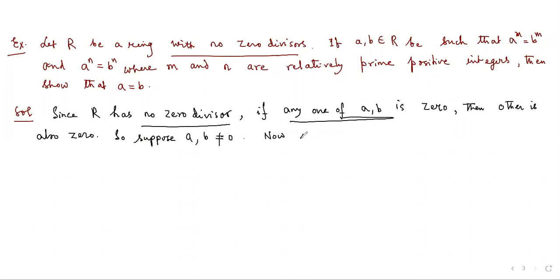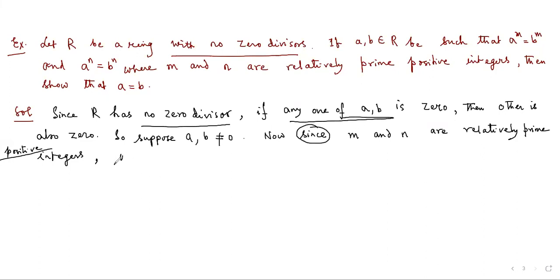Okay. Now since m and n are relatively prime positive integers, there are integers x and y such that mx plus ny is equal to 1.